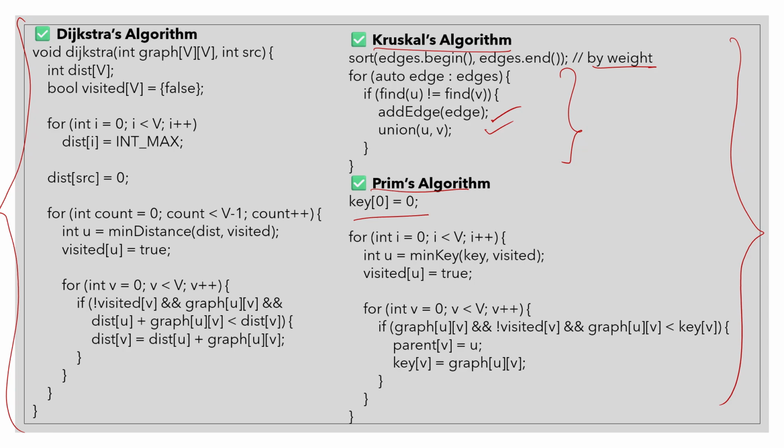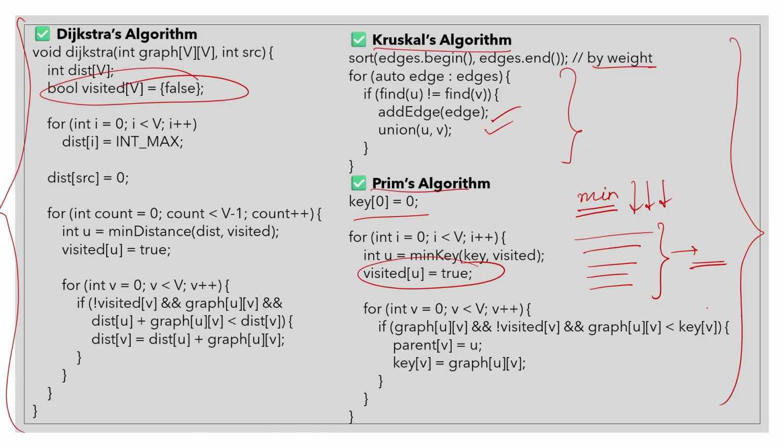In Prim's, you try to have the minimum weight. You keep adding the minimum weight, and when you reach your solution, you give the total cost. This is the basic thing that you all need to know. A visited list, like I said, is very important, to keep track of whether you have visited that node or not.